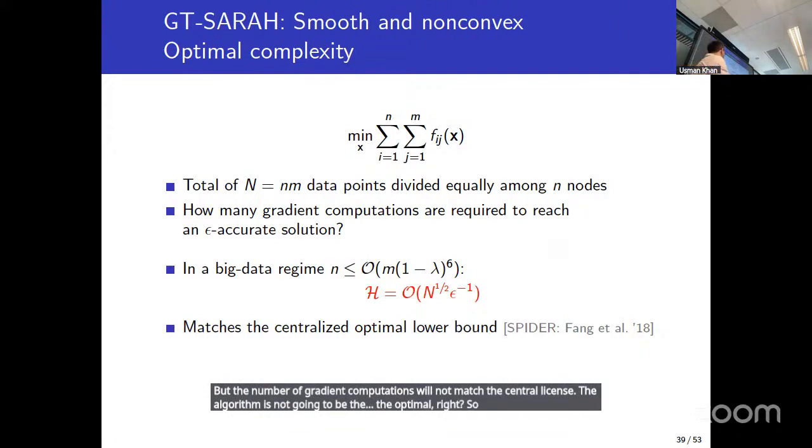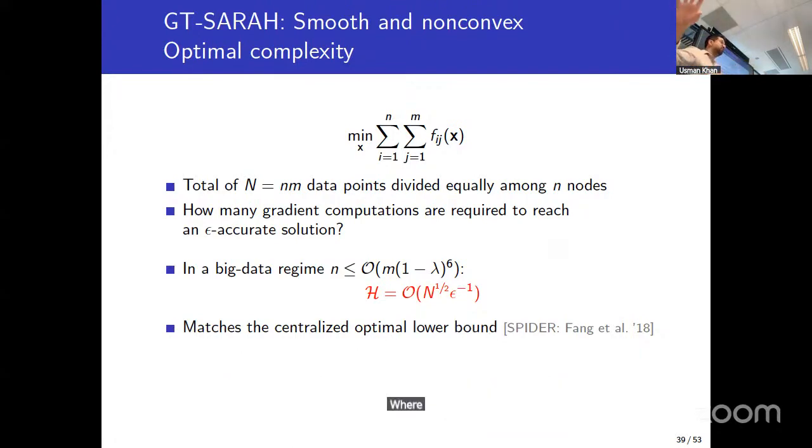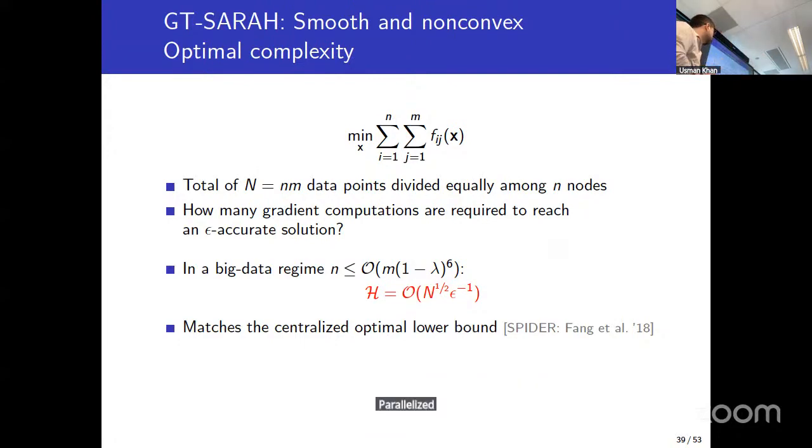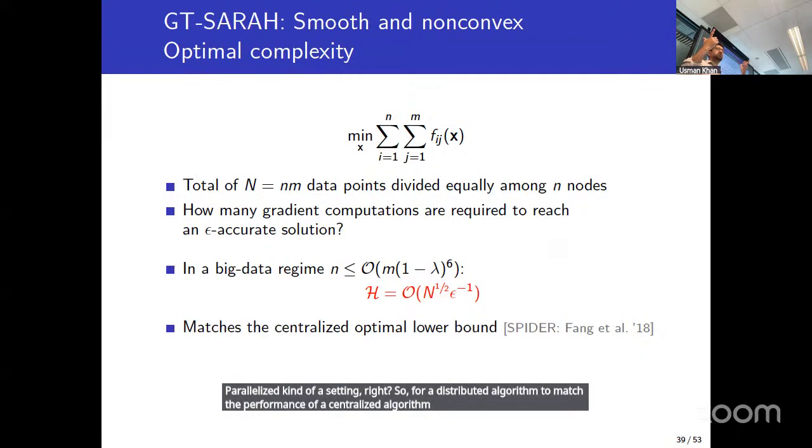This is interesting because we are able to identify a regime where my distribution of the data per node recovers the optimal rate, which you would get with a centralized machine, but in a much more efficient, parallelized setting. For a distributed algorithm to match the performance of a centralized algorithm, that's the holy grail, that's the thing we aim for.